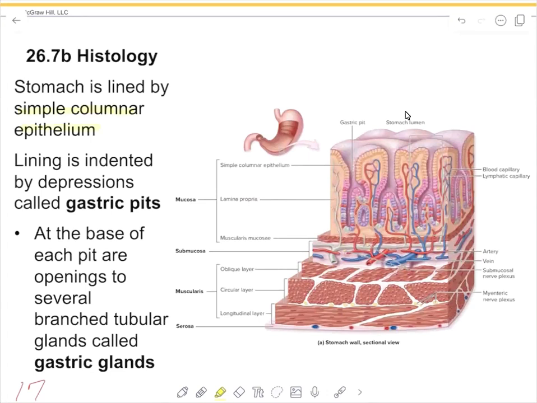So going from the esophagus to the stomach, we go from non-keratinized stratified squamous epithelium to simple columnar epithelium. The lining of the stomach is indented by depressions called gastric pits. At the base of each pit is a specific gland called the gastric glands.